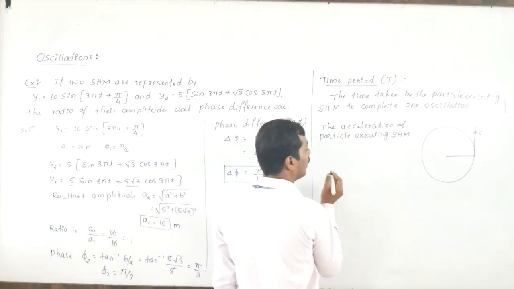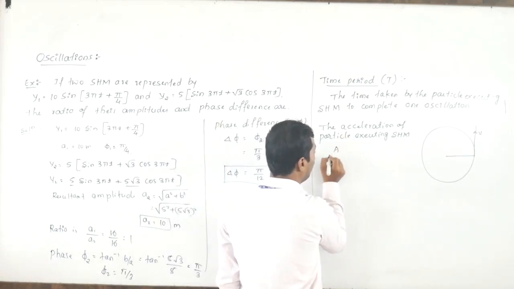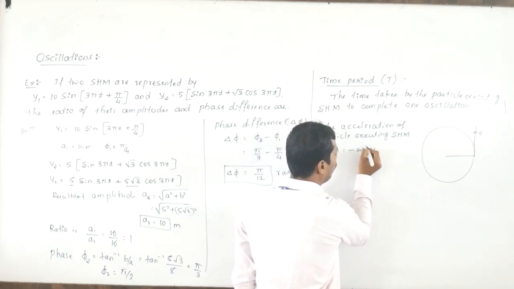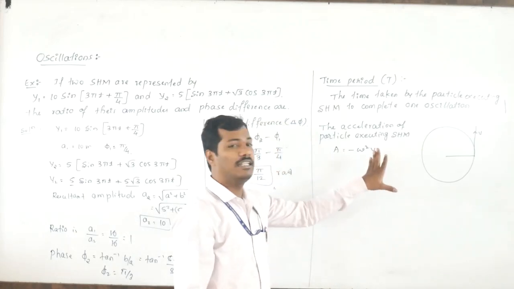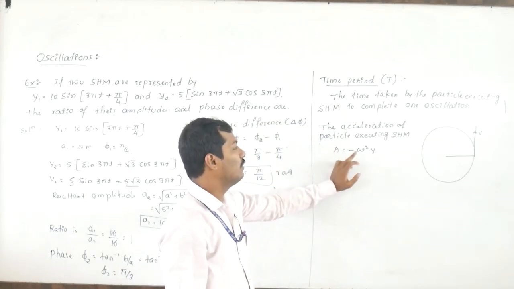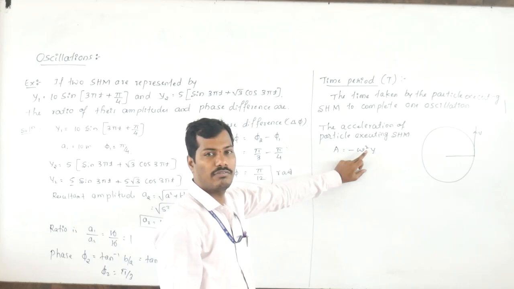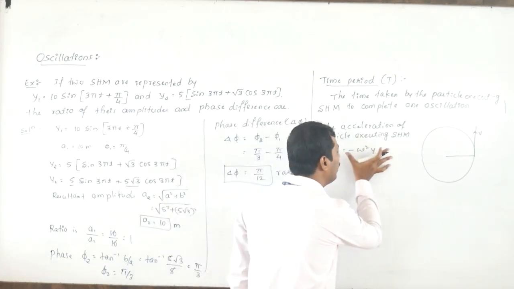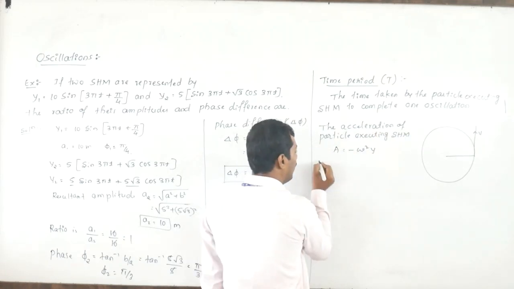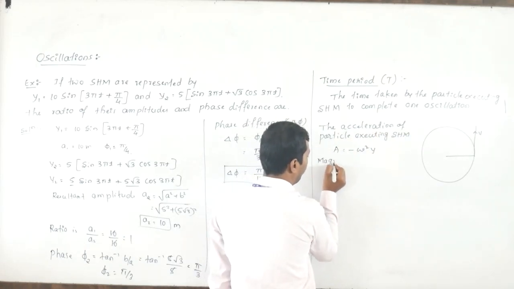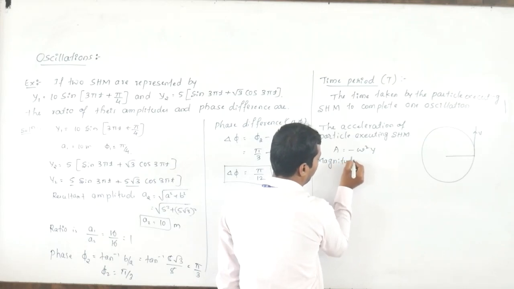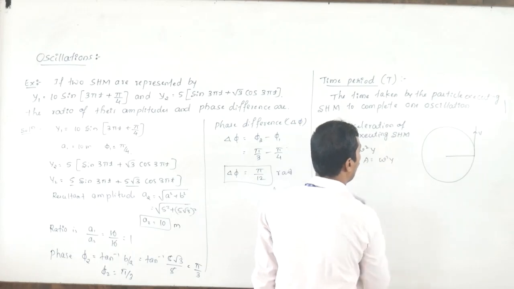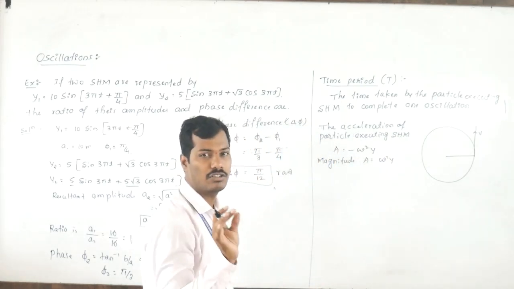Already we know the given equation: a is equal to minus omega square into y, where y is the displacement, a is the acceleration, and omega square is the angular frequency square. But we take here the magnitude of this acceleration. The magnitude is a equals omega square into y, which is always positive.